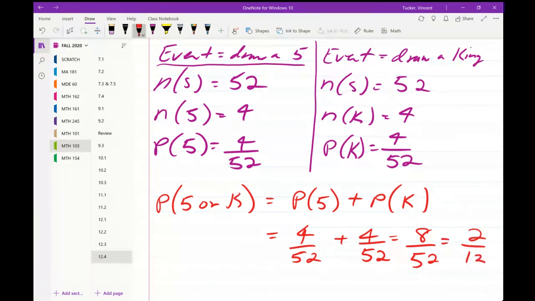That'll be 2 over 13. All right, questions on that before we go to the next example?